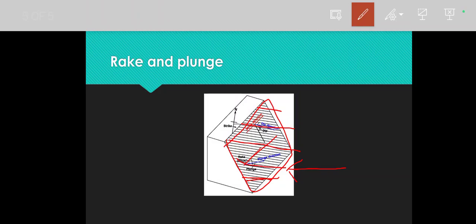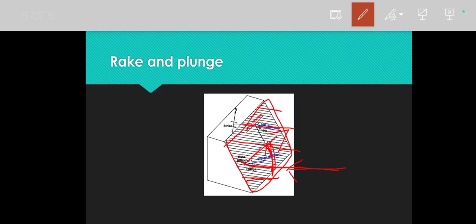This is the strike line, and this is the linear feature, so I will measure this amount, and this amount is your rake, that is, how much this particular lineation has moved from this strike line.